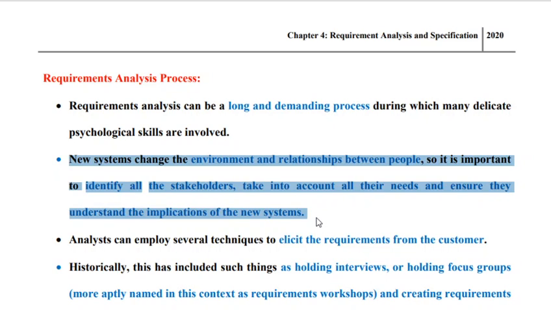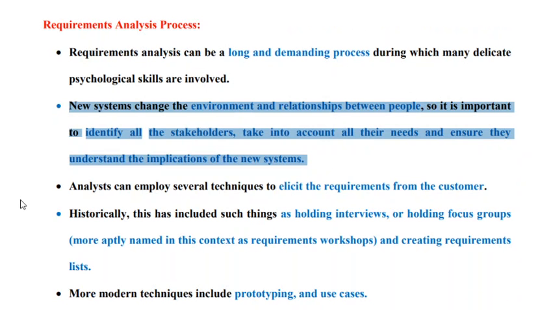In such a situation, the overall success of the new product will be very high. Right, so it is very important to identify all the stakeholders and take into account their confidence whenever you are trying to implement a new system, because it is their acceptance of the software system that will determine the success of the software system.